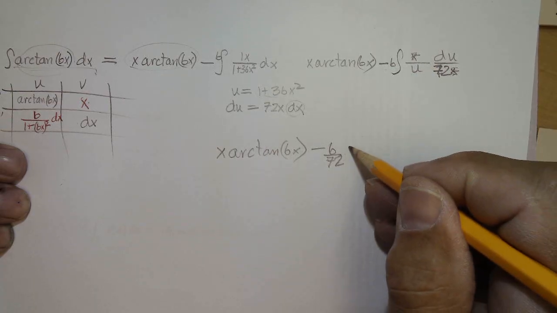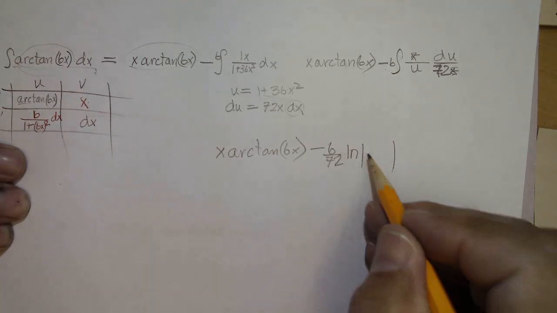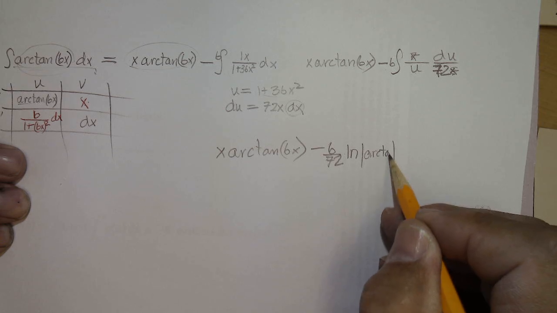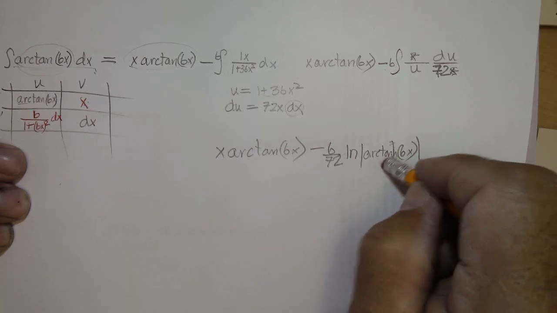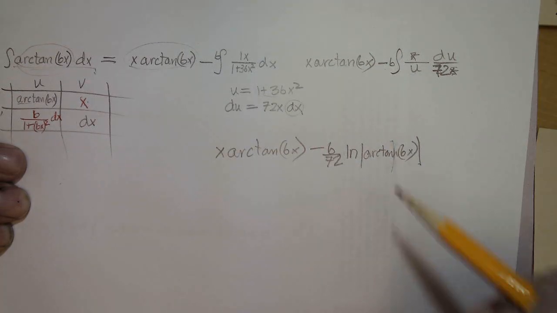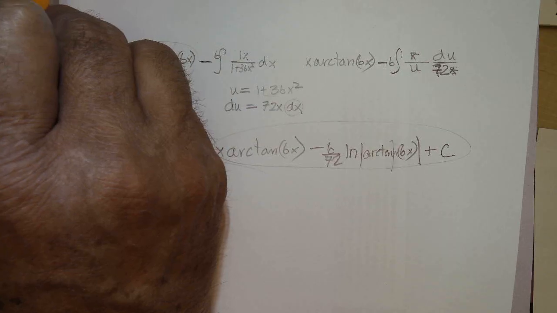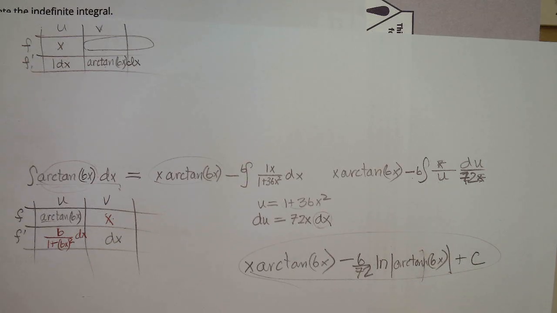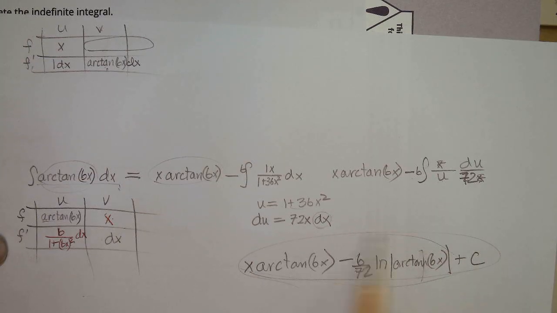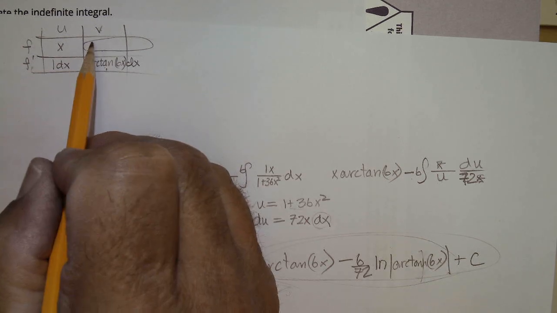Antiderivative of 1 over u is ln u, and u was 1 plus 36x squared, so get that out of there, plus c. So all of this would go there. The antiderivative of this would be all of this, which is a horrid mess.